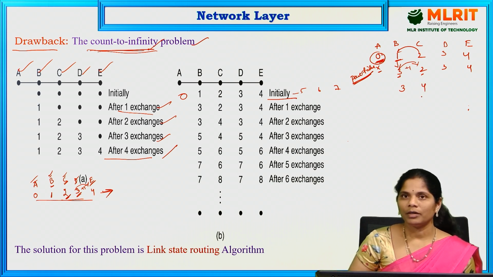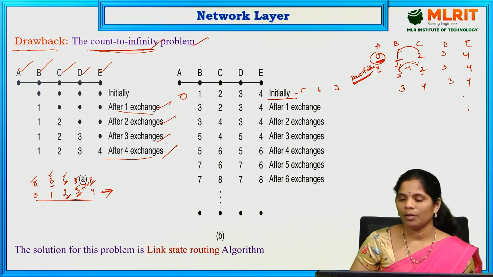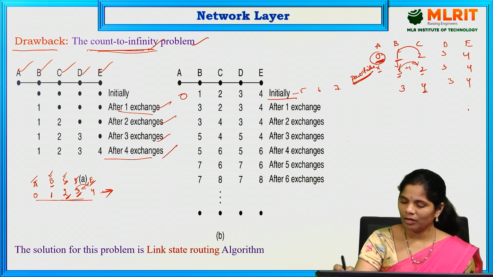It is considered a wrong path. At the same time, again here is 4. What will it think now? Now next is C. It is 4, which means my nearest neighbor is B, so it is updated again to 5.